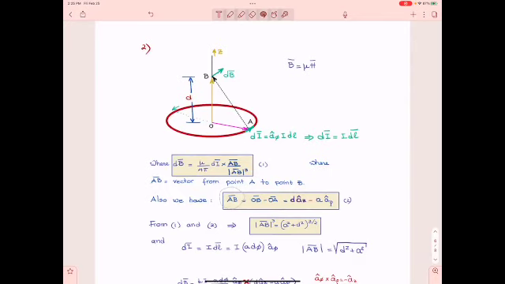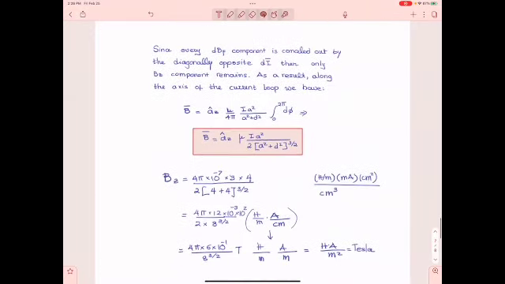All of these segments of current along the circle will contribute to the same Z component. But all of the radial components cancel: if this one creates a radial component like that, the diametrically opposite one is going to create a radial component in the opposite direction. So all of the radial components will cancel out. The only thing that remains on this axis is the Z component. All right. And if I integrate around, that gives me this expression.